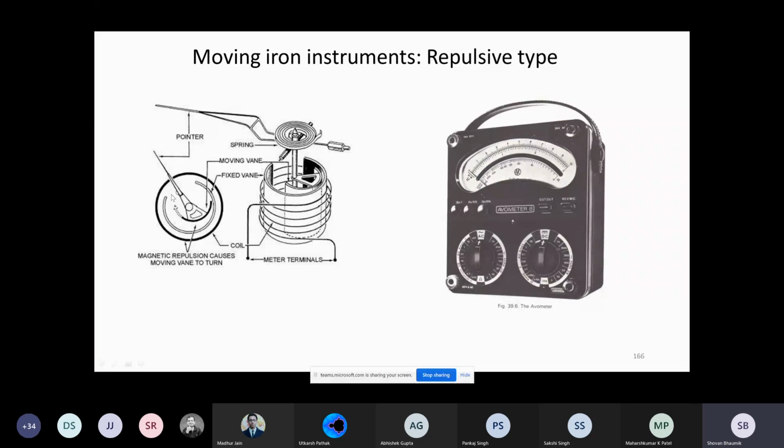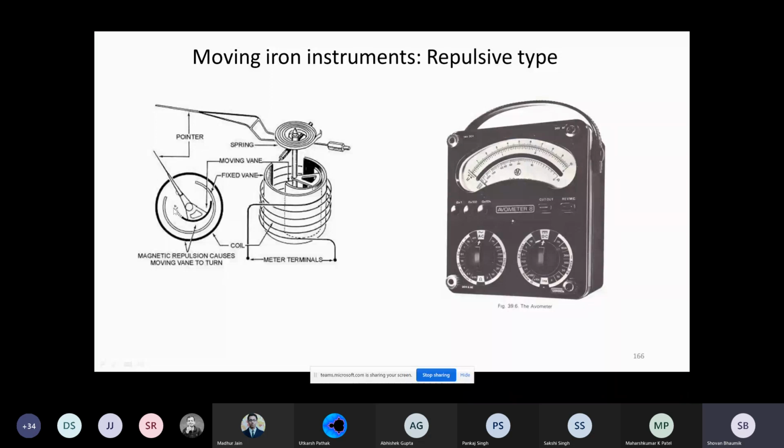Okay, so you see that the fixed vane is there, and then the moving vane inside, and you see that the moving vane and fixed vane gap is not uniform. I will come to why it is not uniform, but at this point you just remember that it is not uniform because here the gap is very small, here the gap is very large. It is intentional. I'll tell why it is done so.